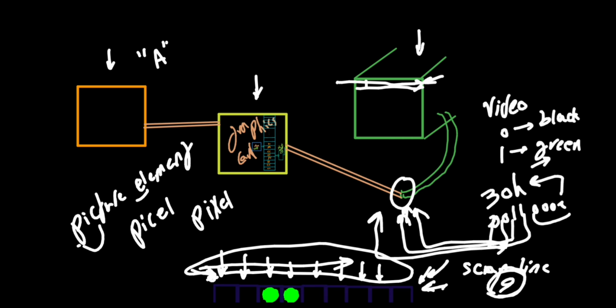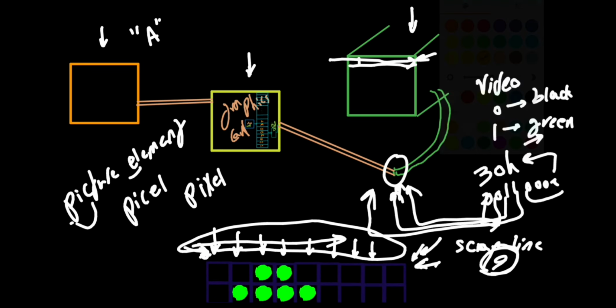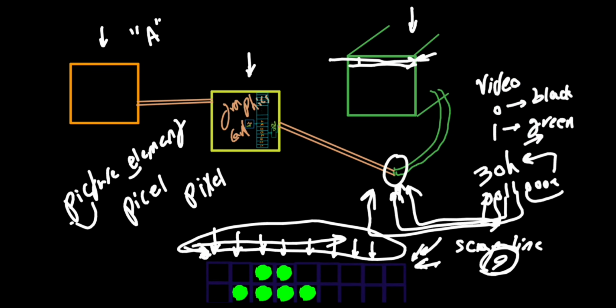The next value that the graphics card would give the monitor, let me change my color so you could see better, just imagine it would be equal to 78 in hex, which in binary is 0, 1, 1, 1, 1, 0, 0, 0. First, the value 0 would be given by the graphics card on the VDO pin.